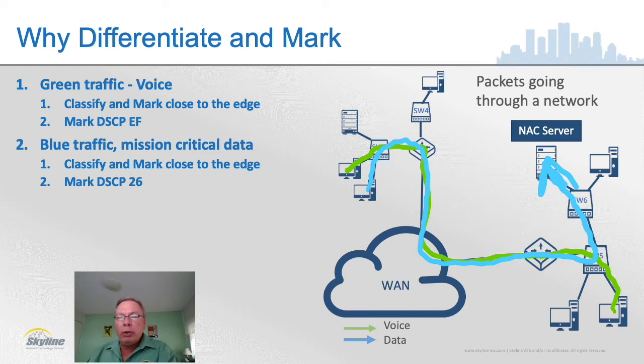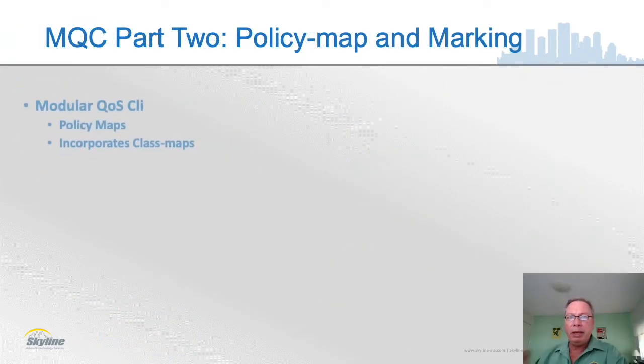And then as it goes through other routers and other network devices, they don't have to look at a whole bunch of criteria. They look at that one little 6-bit field in the IP header, the differentiated services code point bits. And that's how they recognize data as it passes through the network, and then they can be called upon to treat the different types of data differently.